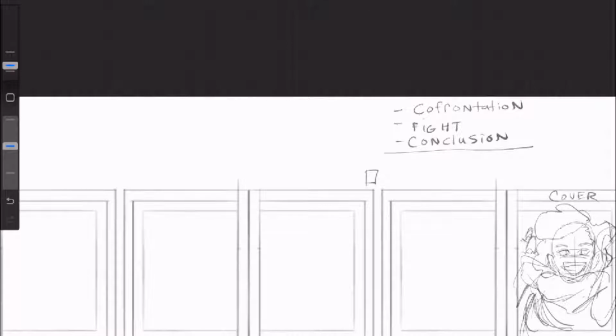I'm thinking I might want to squeeze in what happens with the other group of characters. So we have group A, a set of characters, and group B. Basically the same thing happens.